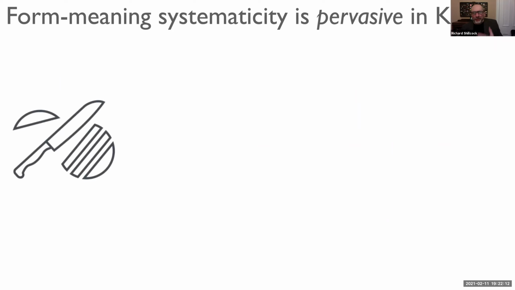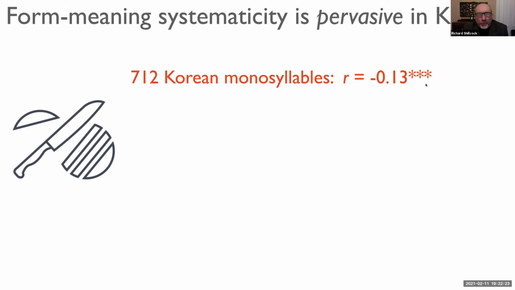So what I want to get across with this slide is that when we look at Korean and we slice up the sample we use in different ways, what we find is this systematicity is in fact always there. So the sample we used in the original work on that last slide on Korean, we had 712 monosyllabic words.